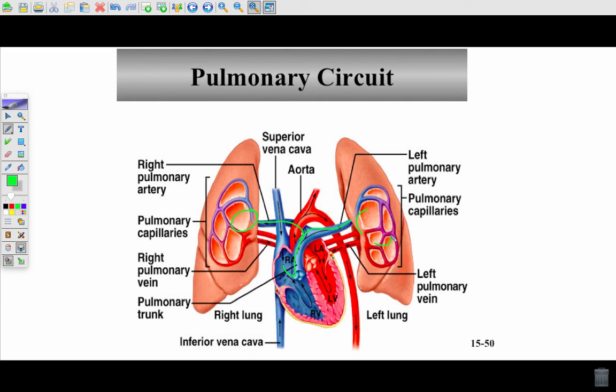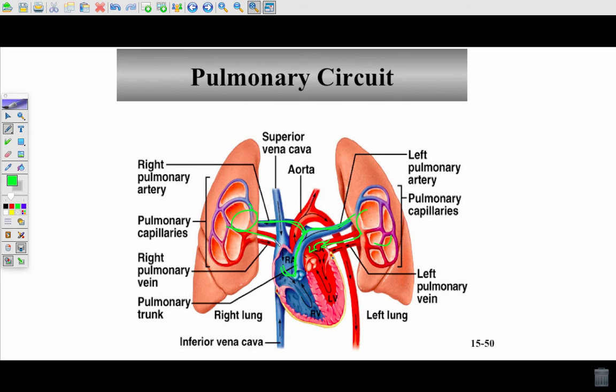In the lungs, there are many capillaries that do the gas exchange. So carbon dioxide will leave the blood, oxygen will enter the blood, and then the oxygenated blood will go back to the heart through the pulmonary veins.